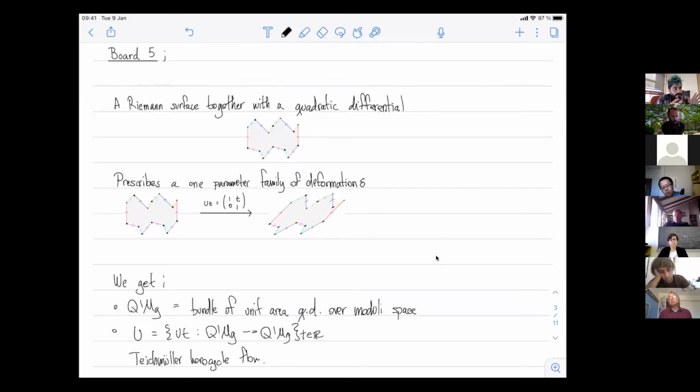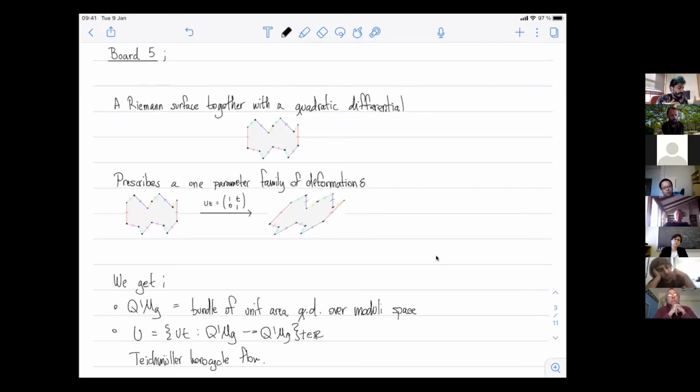So both come from an idea of shearing. In one case, you cut and reglue with a twist. In this case, you literally shear by applying a unipotent matrix. Both had been studied in analogy with unipotent dynamics. Another similarity is that both were Hamiltonian with respect to natural symplectic structures, and both satisfied certain non-divergence properties, which were quite strong. And so people started noticing that they had several similarities.